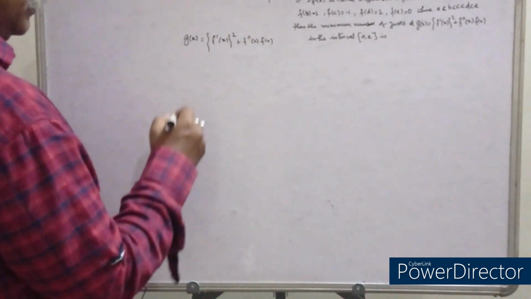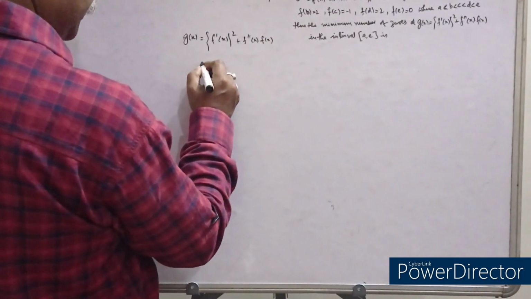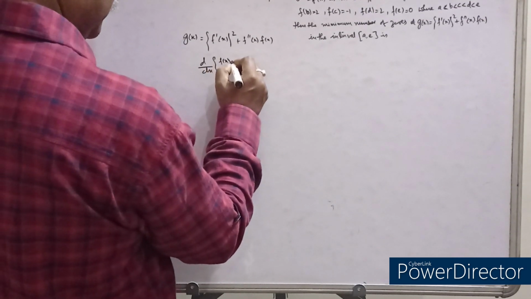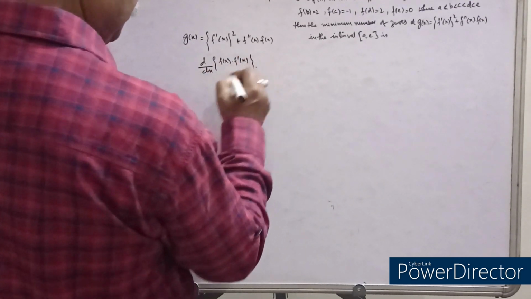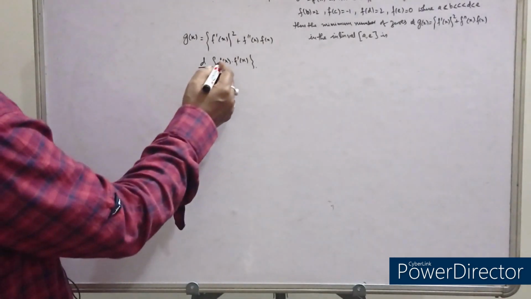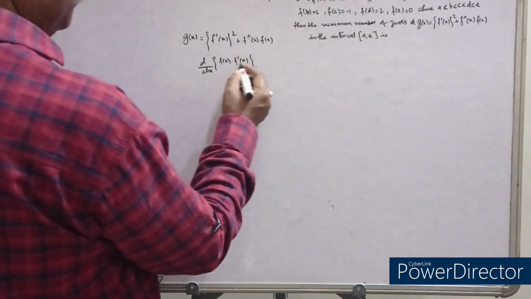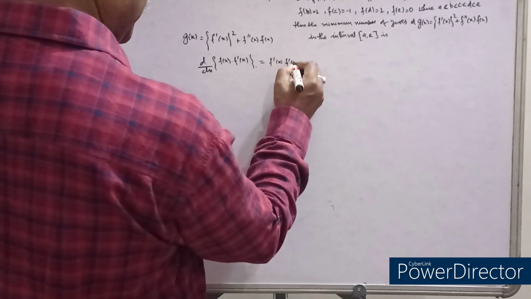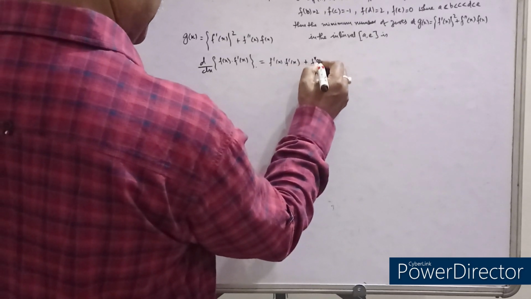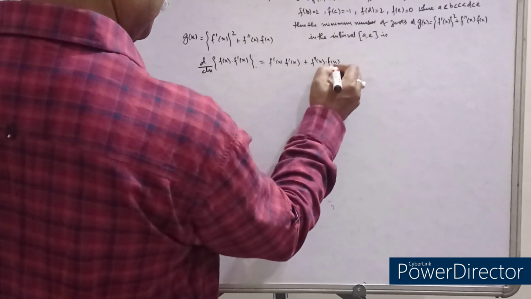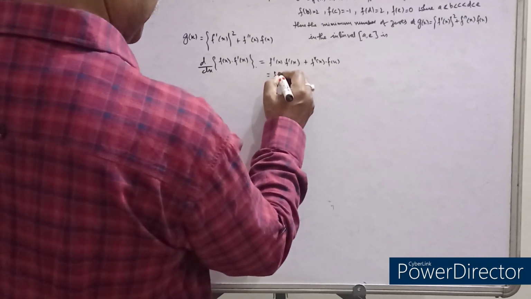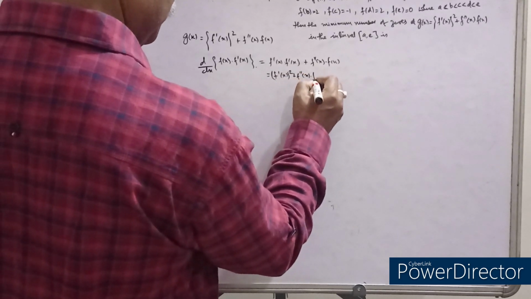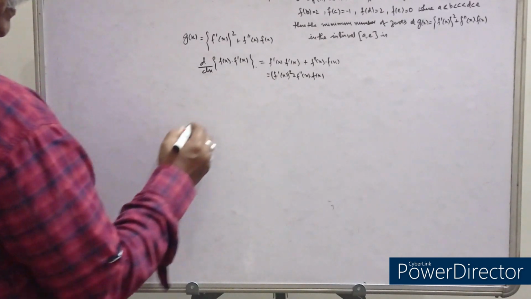If you differentiate d/dx of f(x) f'(x), what are you going to get? Product rule: you get f'(x) into f'(x) plus f''(x) into f(x), which is (f'(x))^2 plus f''(x) into f(x).